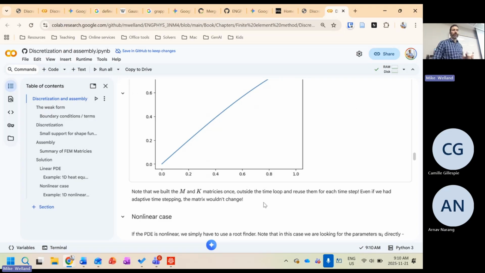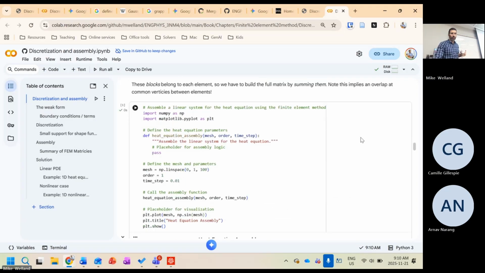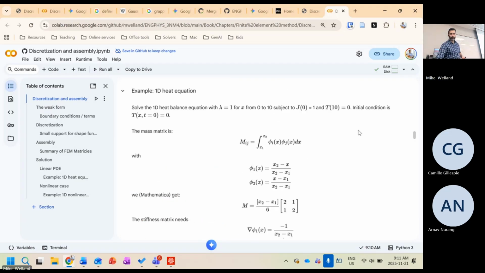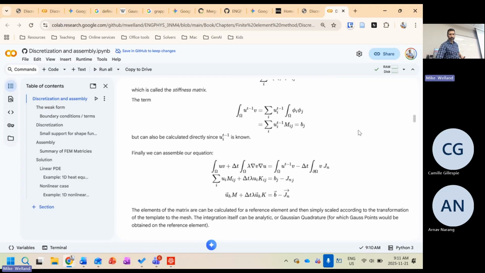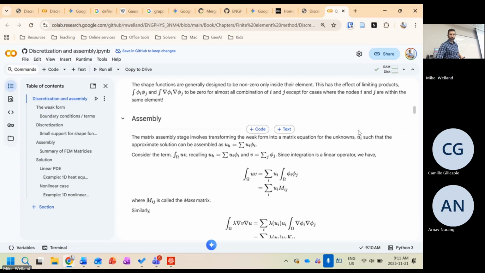There is a little bit of an optimization when you go through all this stuff. It's not super easy to see, but where was M here?